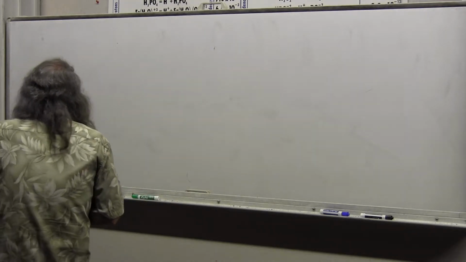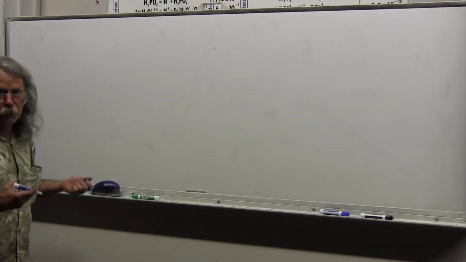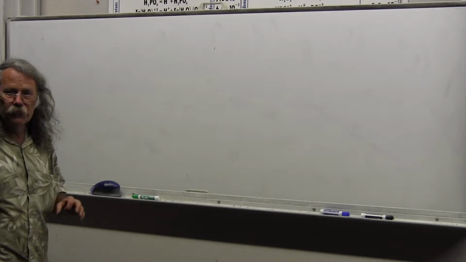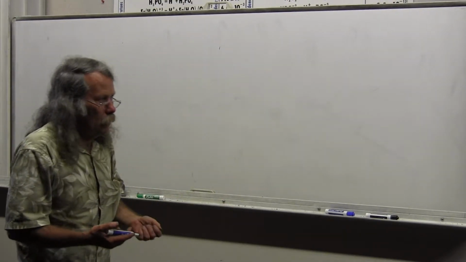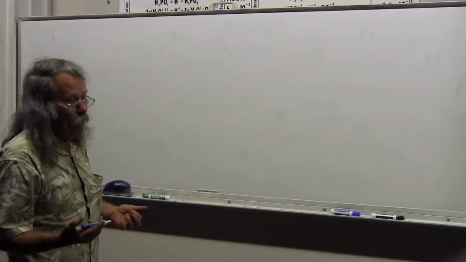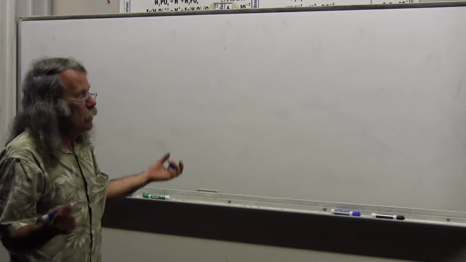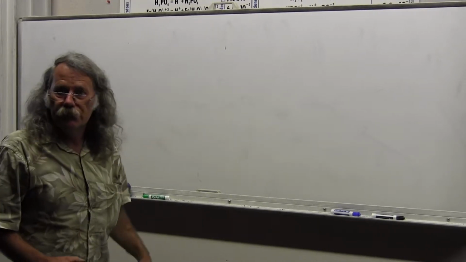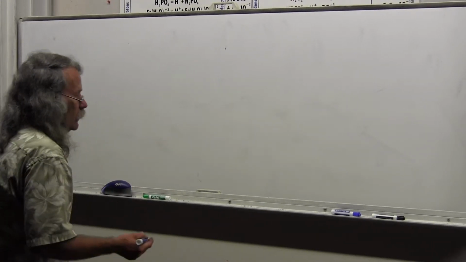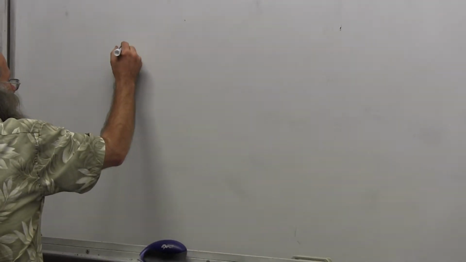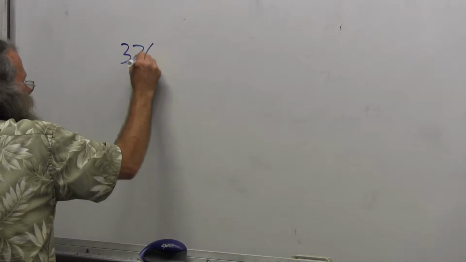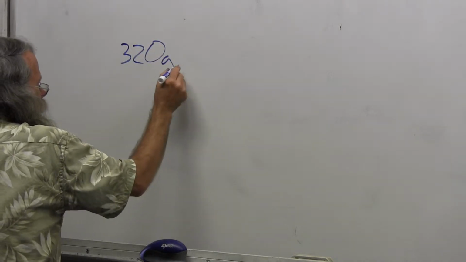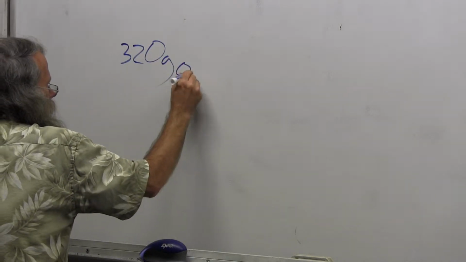So I'll start over on the left-hand side, and I can approach it from the other point of view. I could have done this starting with oxygen. I can even do it that way. Let's do it that way, just for laughs. It's going to be just as useful. So I'll start over here with 320 grams of O2.